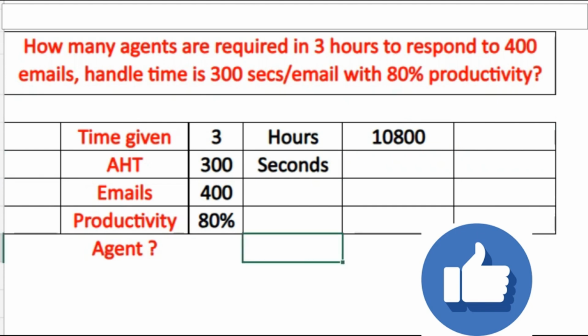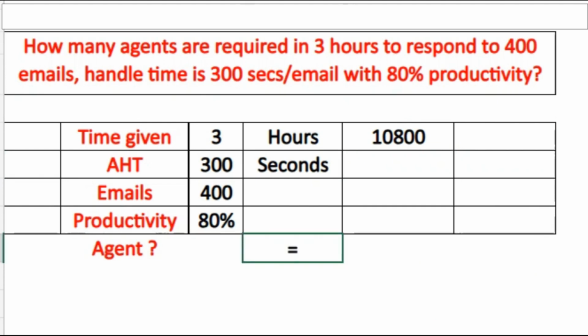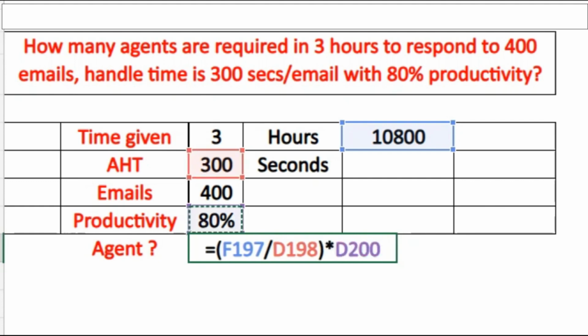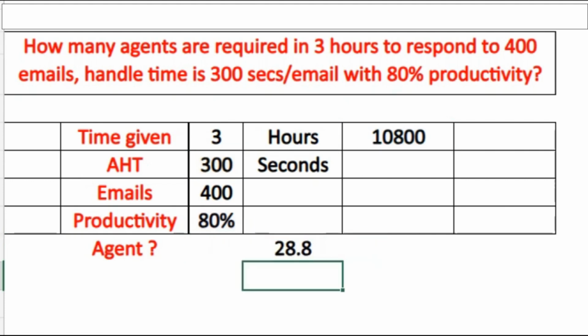Now let's find out by the first method. Equal to, bracket open, we have the time given divided by 300 seconds, bracket close, multiplied by the productivity. Once I hit enter, I get 28.8 agents, but I need to find out on the basis of emails also.